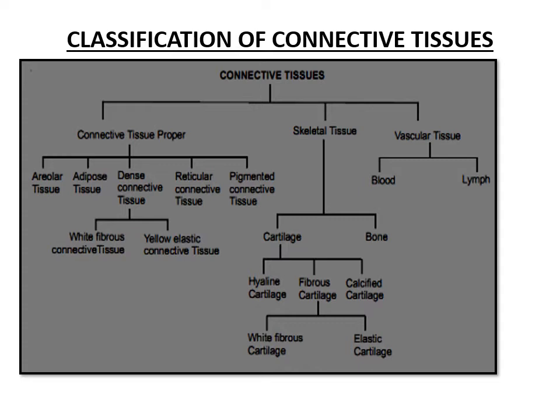Connective tissue proper is again subcategorized into several groups like areolar tissue, adipose tissue, dense connective tissue, which is again categorized as white fibrous connective tissue and yellow elastic connective tissue, reticular tissue and pigmented connective tissue. Skeletal tissue is categorized into cartilage and bone, and the vascular tissue is again categorized into blood and lymph. Now we will discuss each type in detail.